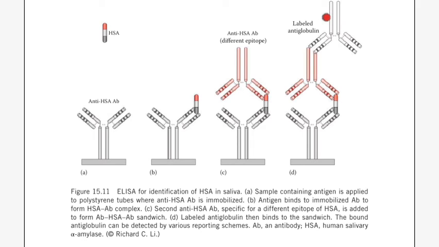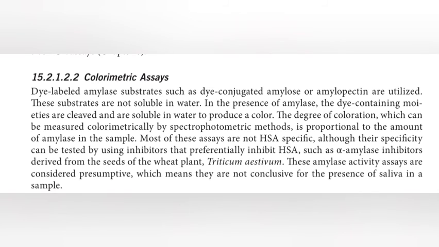Then the second antibody, that is the anti-human HSA antibody, is added to form an antibody antigen antibody complex. But this second antibody binds to another epitope of the antigen. Then an enzyme labeled antibody is added to bind the sandwich, and the bound antiglobulin can be detected.